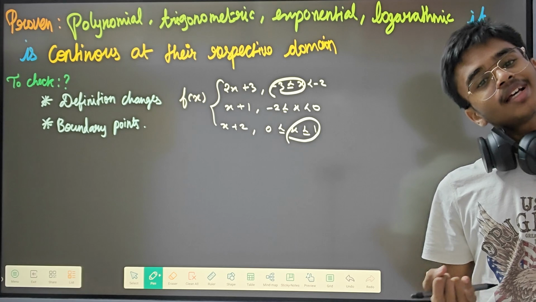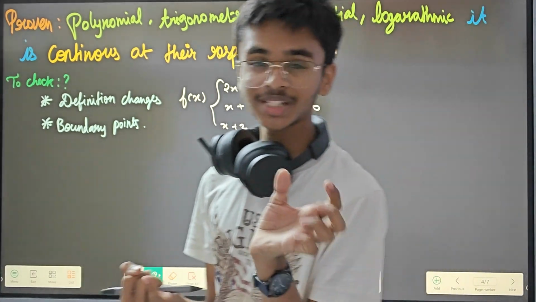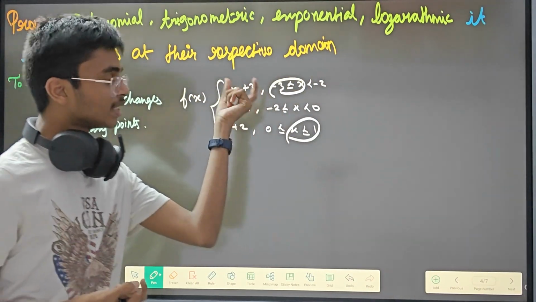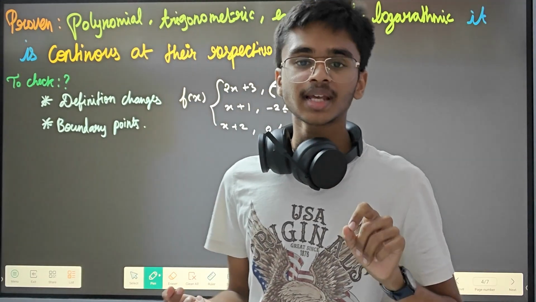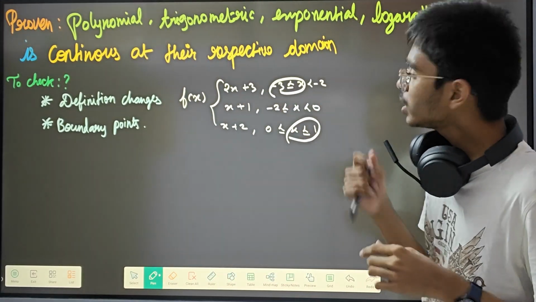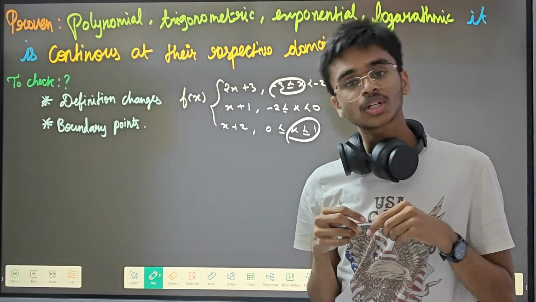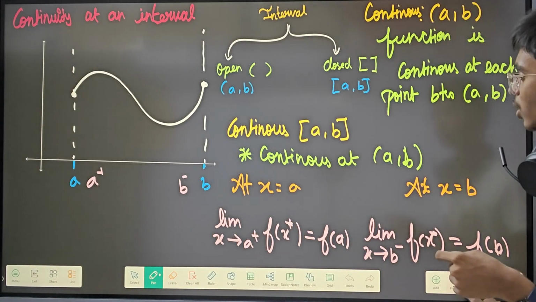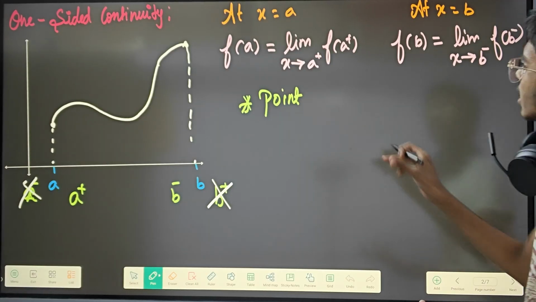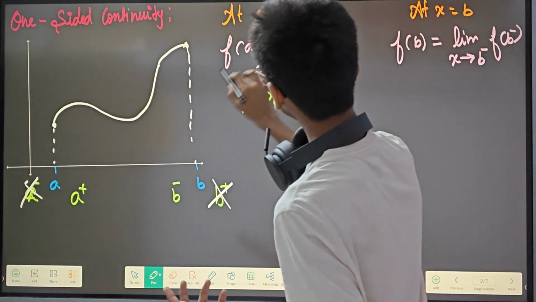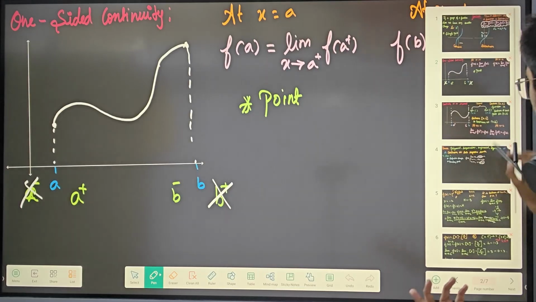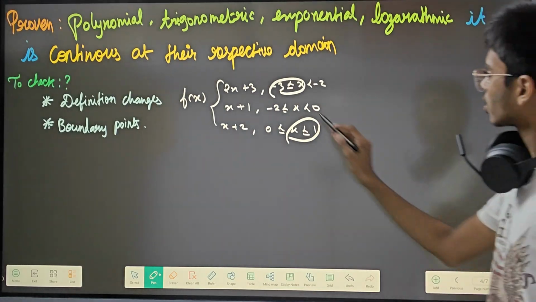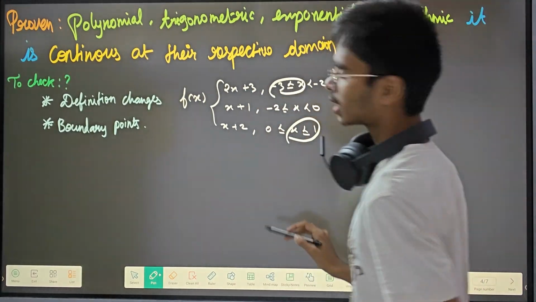Just think a little bit. It means actually over here you have to use your one-sided continuity. So while using one-sided continuity where x is greater than or equal to minus 3, you are going to use the same input, which is minus 3.